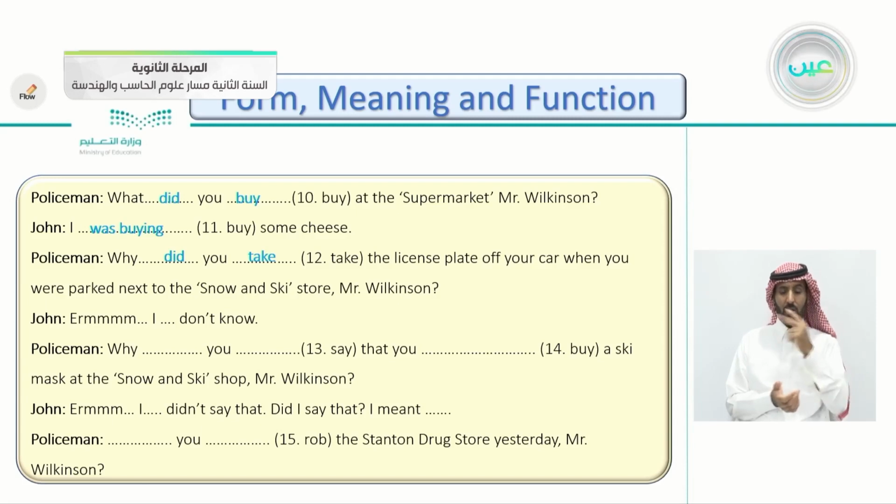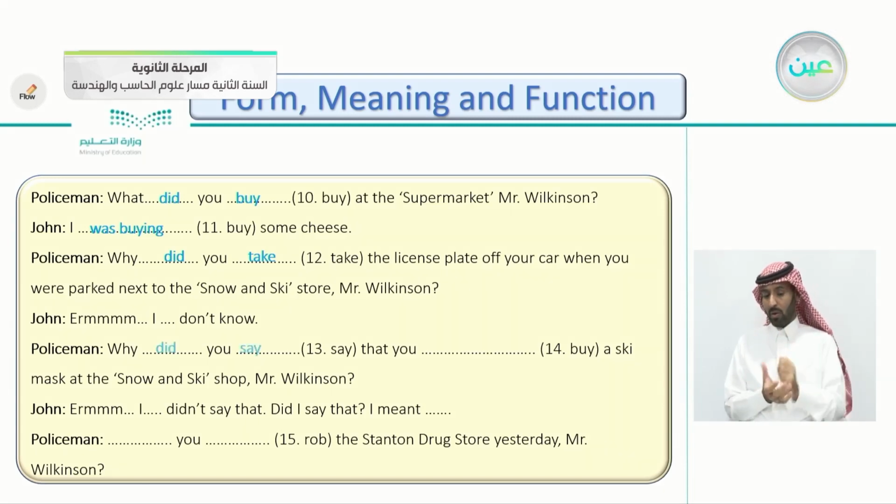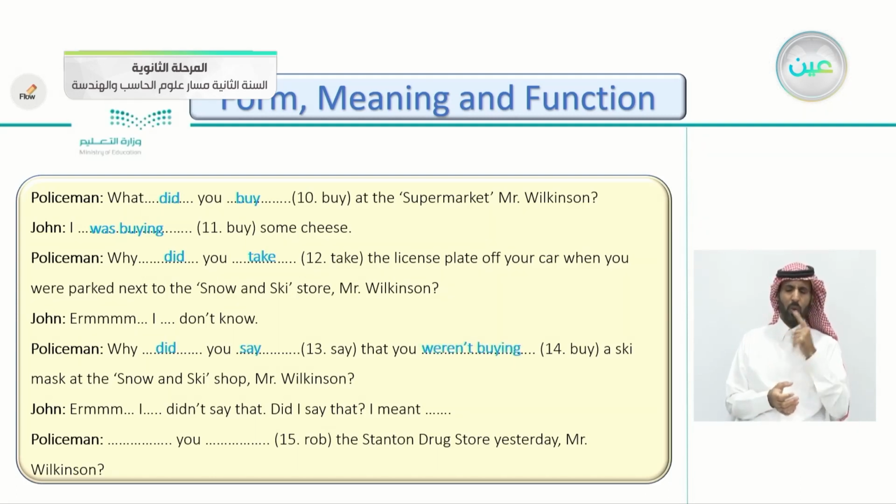The policeman, why did you say that you weren't buying a ski mask at the snow and ski shop, Mr. Wilkinson? He said, I didn't say that. I said that I meant, so he was hesitating. The policeman said, very good. Did you rob the Staten drug store yesterday, Mr. Wilkinson?